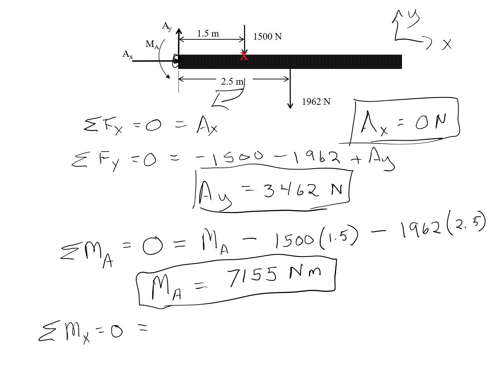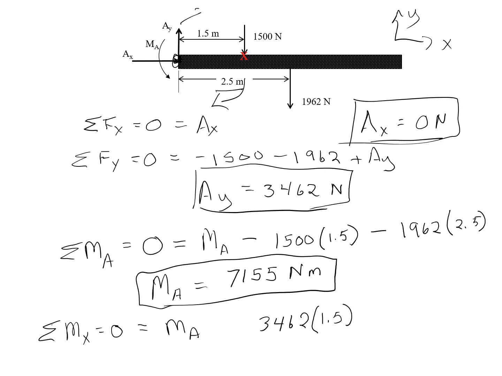And in that case, I still have MA, still positive, but now AY creates a moment, so that would be AY, which I know is 3,462 newtons. And its distance to point X is 1.5.